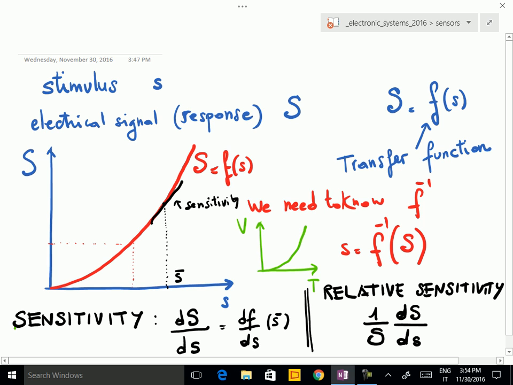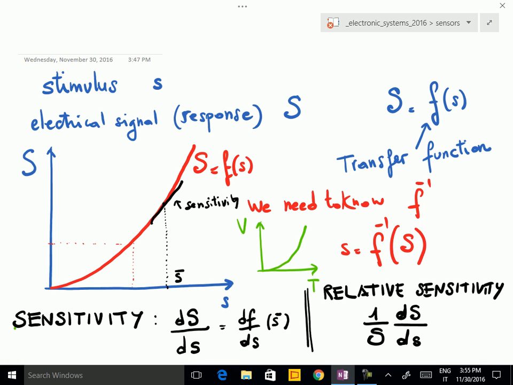Of course, both the two quantities are the larger the better. The larger the sensitivity, typically, not always, but typically, I don't want to be too quantitative here, the better I am able to measure the stimulus, the quantity that I want to measure.